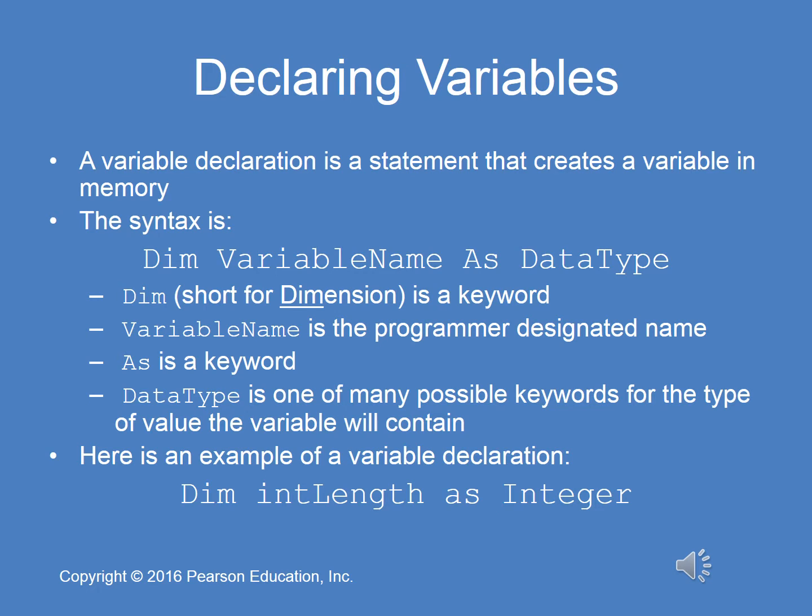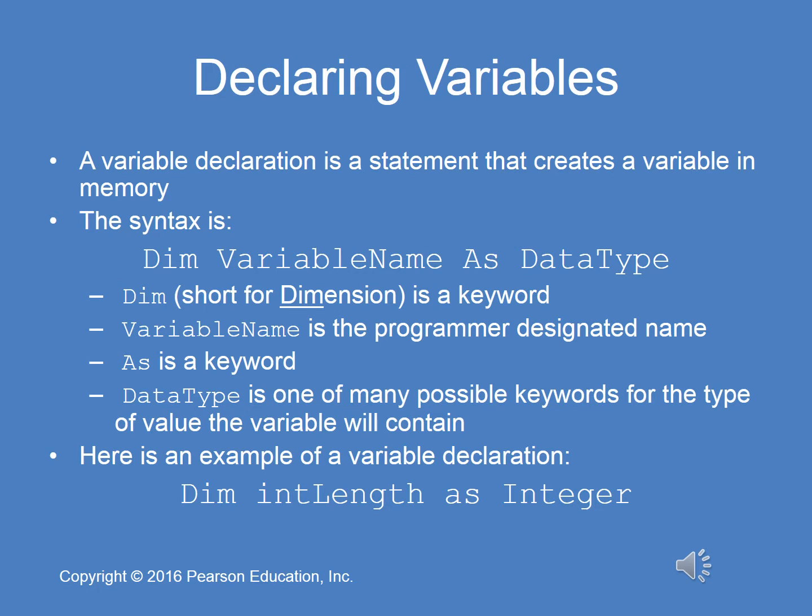So here's an example, the last line of text on this slide, well, not the copyright, but the last line, dim intLength as integer. Let's dissect that. Okay, dim, we're declaring, okay? We're declaring a variable. We're going to call it intLength. It's an integer that obviously holds the length of something.